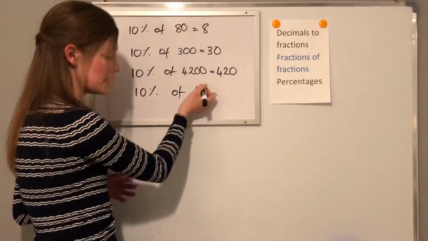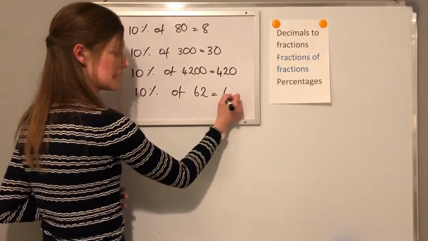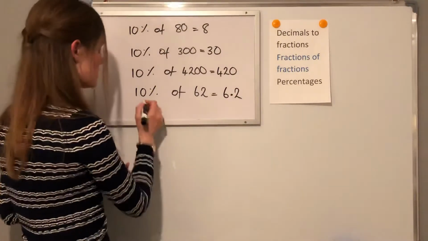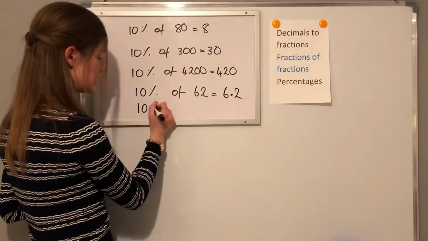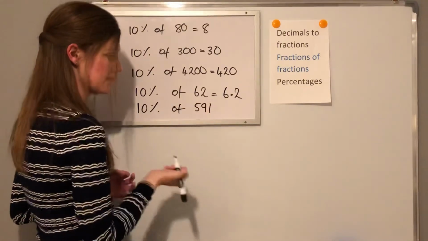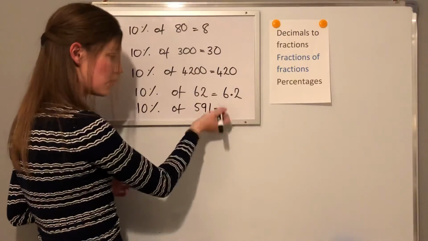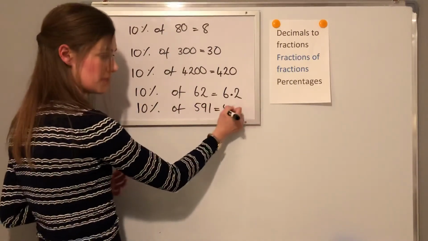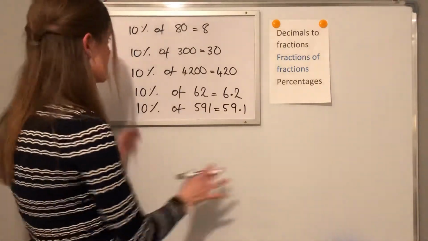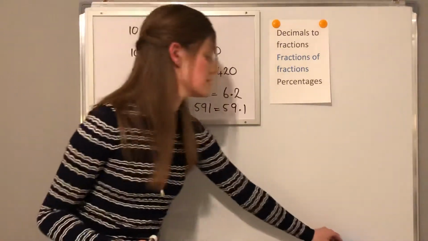So you put in a decimal place, and that gives you 6.2. So if we try another one, 10% of 591, you put back one decimal place, which gives you 59.1.